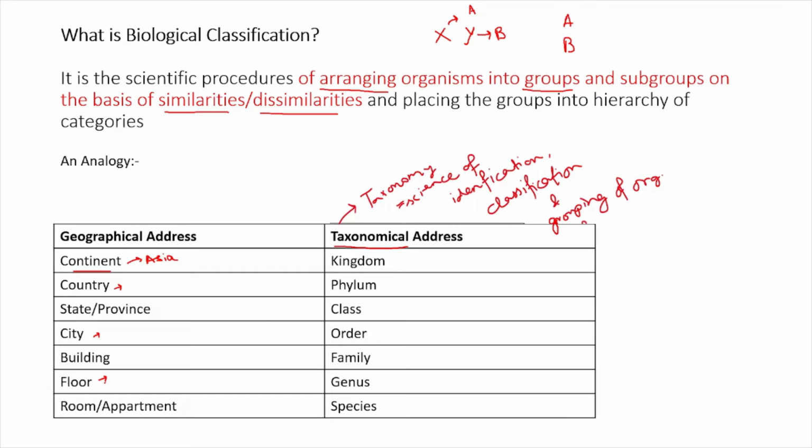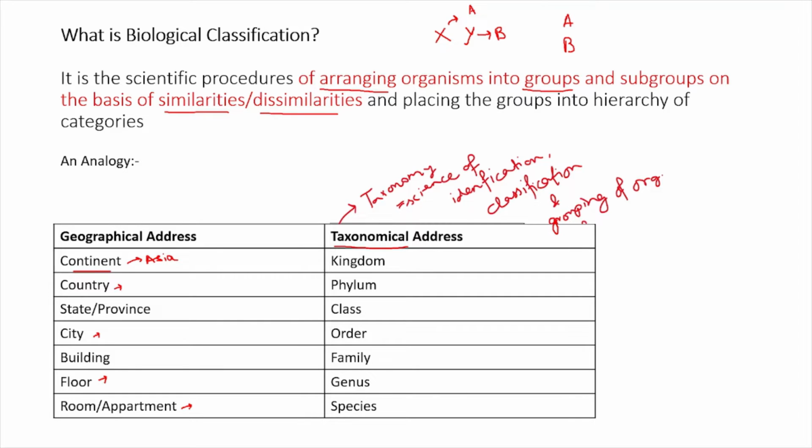So you have to be more specific in telling your geographical address. Once someone knows your room or apartment, then he or she can easily identify you. If you say you live in the continent of Asia, then it becomes very vague, right? But when you say you live in this room or apartment on this floor of Mumbai city, then it becomes very specific.